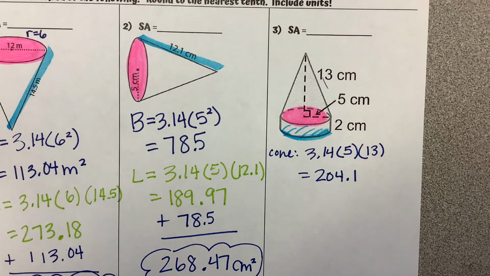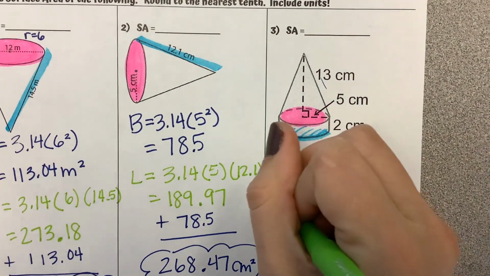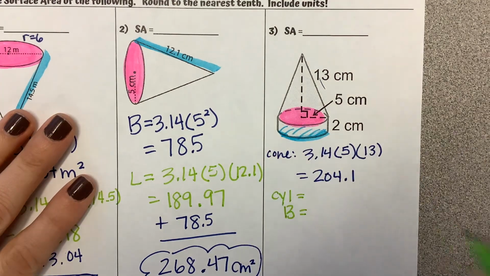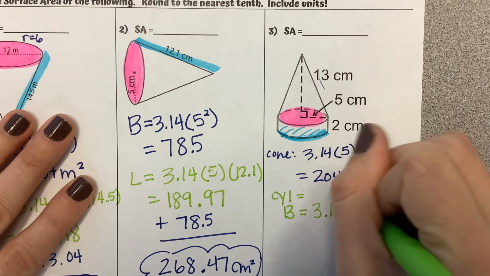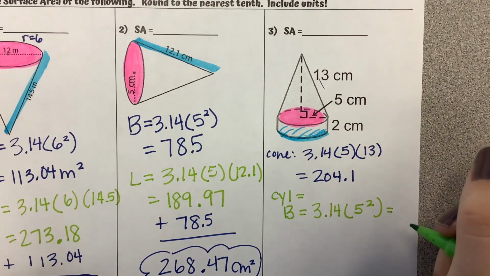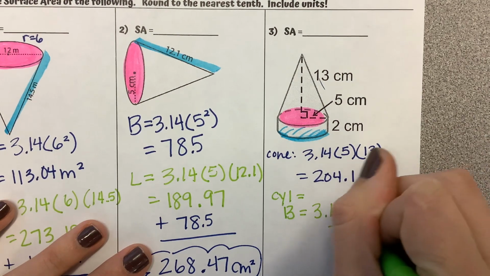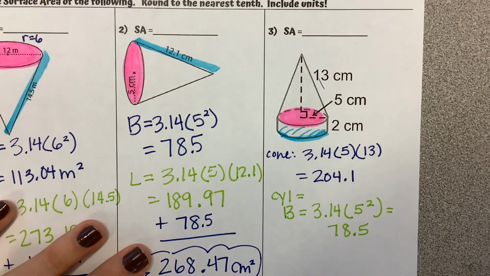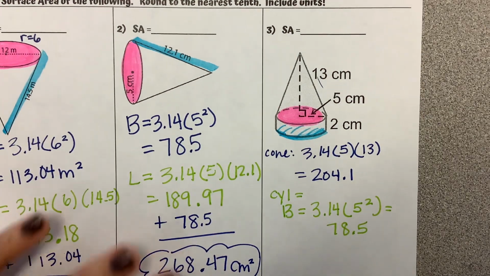So for my cylinder, my base, I just need one of them. I'm doing pi times my radius of 5 squared, which when I calculate, I get 78.5. Okay, I only need one of those, so I don't need to multiply by 2.